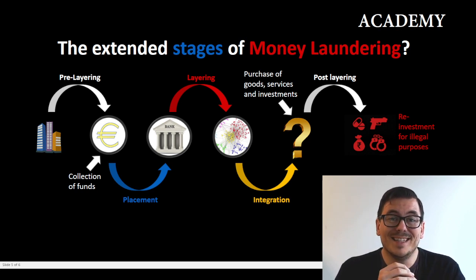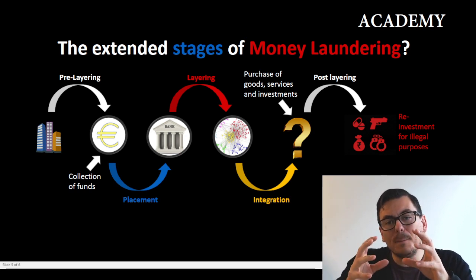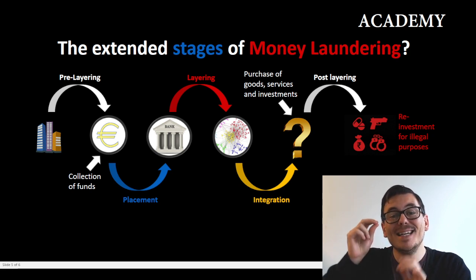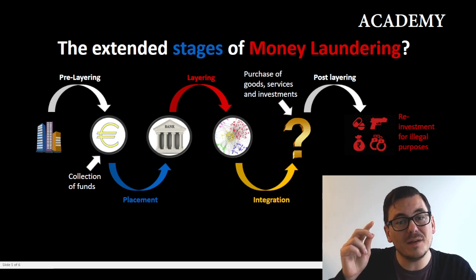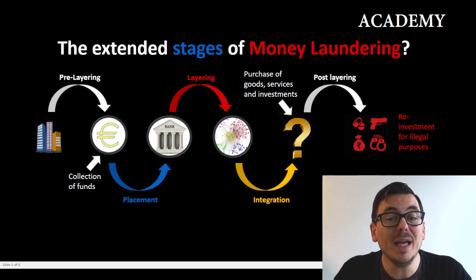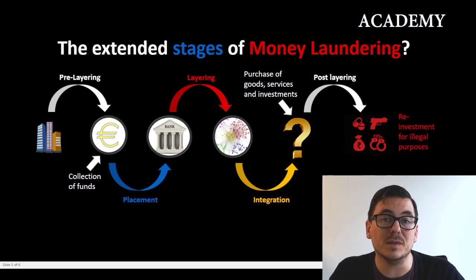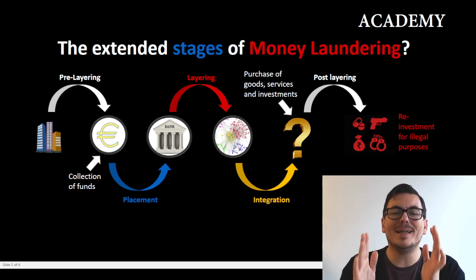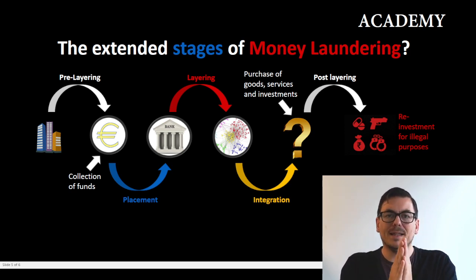Another application is the post-layering. So I put that after the question mark. The post-layering will typically be that you need to disguise where you use the money, especially if it is used for reinvesting for illegal purposes. Because if you just want to buy a fancy car, that is not a problem in itself. Then we don't need this post-layering.